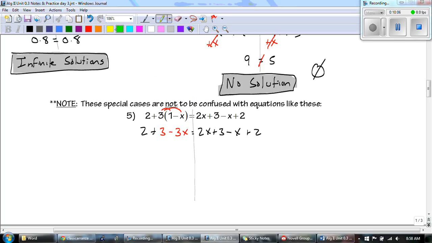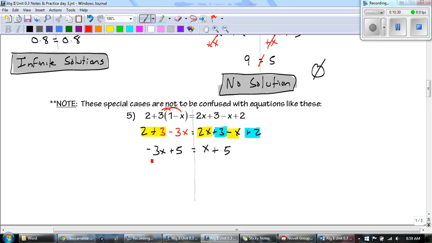Okay, let's combine like terms. So I have negative 3x plus 5. And then on the right side, combine my x's. So we get x plus 3 plus 2, which is 5. Okay?